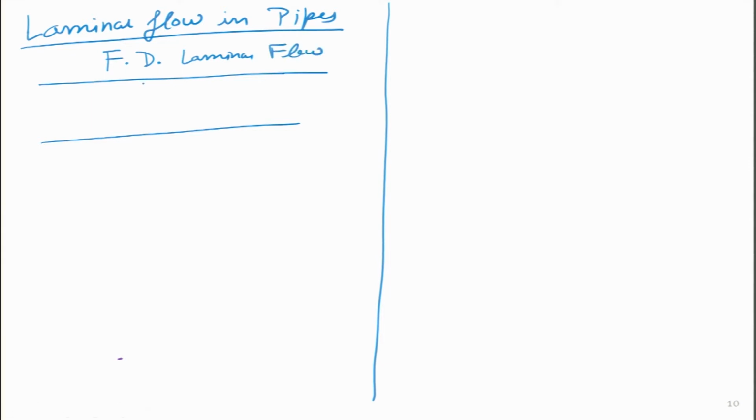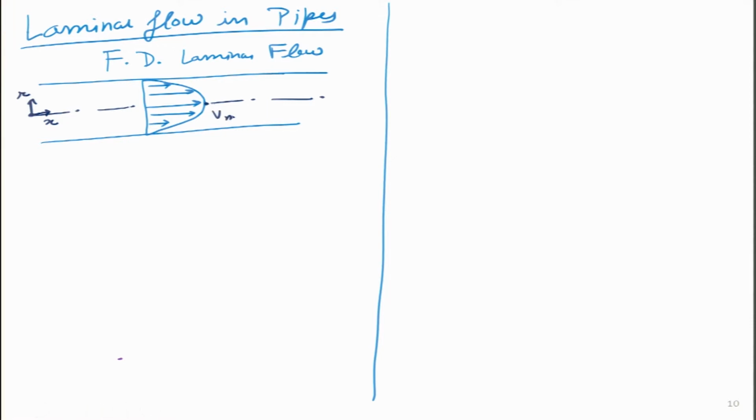If we solve the Navier-Stokes equation, what we get for a circular pipe is that the velocity profile turns out to be parabolic. That exercise I will leave to the students. What I can do is mark the center line point over here and show the axis. So, this is my x axis, this is the r coordinate, and I can mark some points over here.